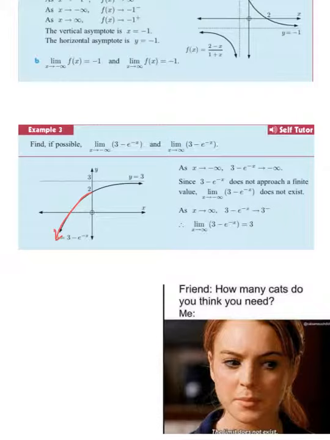As your graph is getting more and more positive, what's your y value? 3. Are your limits the same going to negative infinity and to positive infinity? No. But that still doesn't mean that you can't use this to find a horizontal asymptote.